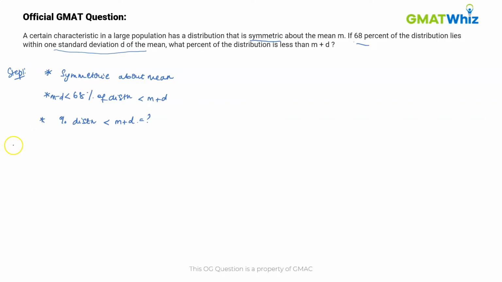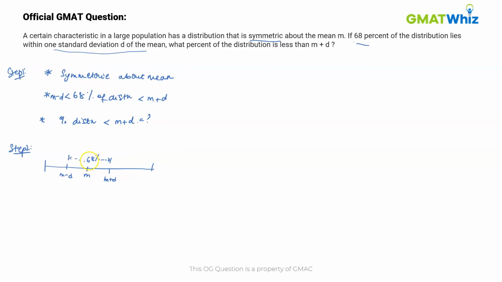Now let's move on to step 2 and understand how to proceed with the solution. If we picturize the given details about the mean and the deviation, and if this is the distribution, then let's mark the points m minus d and m plus d. According to the given information, this range is 68% of the data, and the mean is in the middle.